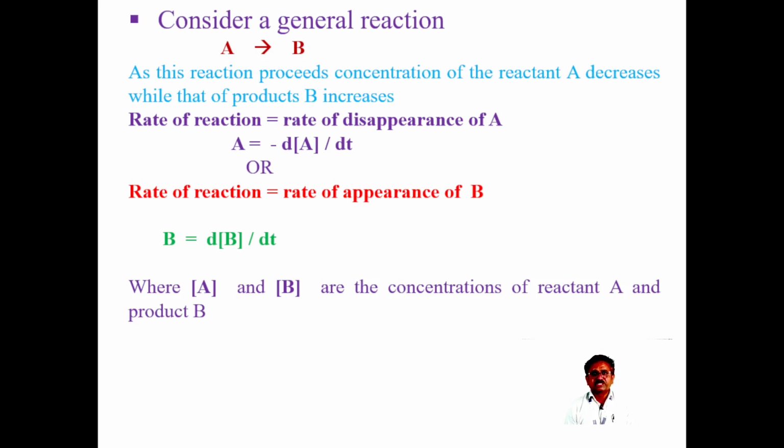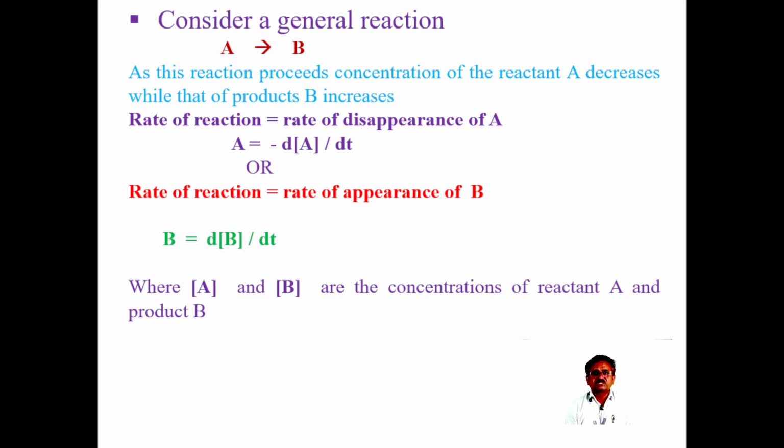As this reaction proceeds, the concentration of the reactant A decreases while that of the product B increases. So, the rate of reaction is equal to the rate of disappearance of A, and we can write that as minus delta [A], the molar concentration of A, by delta t. So, you can just say minus d[A] by dt.